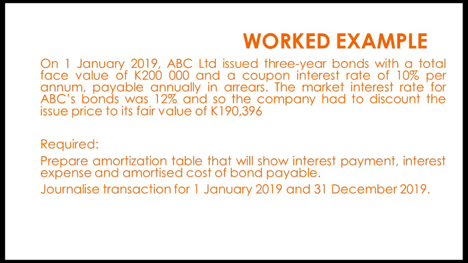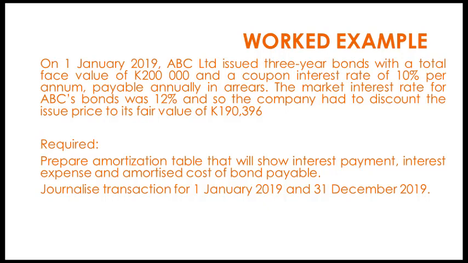Okay, so let's try this example. On 1st January 2019, ABC Limited issued 3-year bonds with a total face value of 200,000 kina and a coupon interest rate of 10%. So that is the interest shown on the face of the bond. The market interest rate for ABC's bond was 12%.